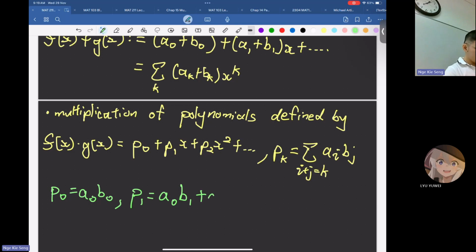Or you take the linear term from the first polynomial and multiply with the constant term in the second. And so on. Then you can do this for p_2, p_3, p_4, and so on. These are all the i and j that add together to equal k.